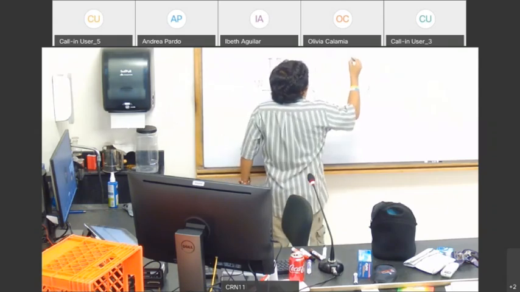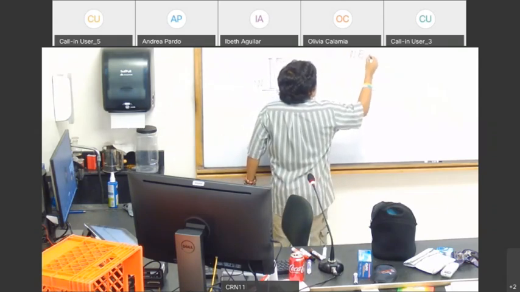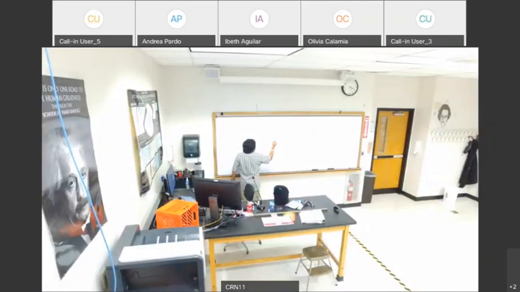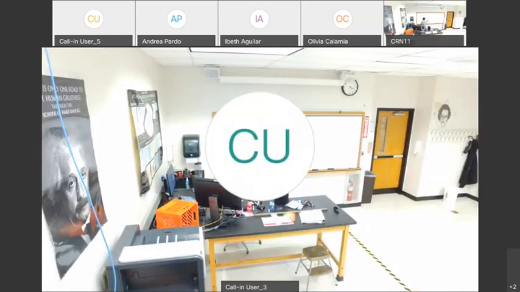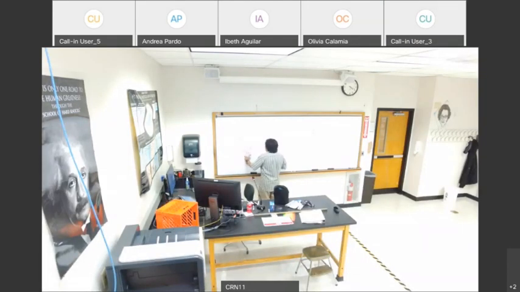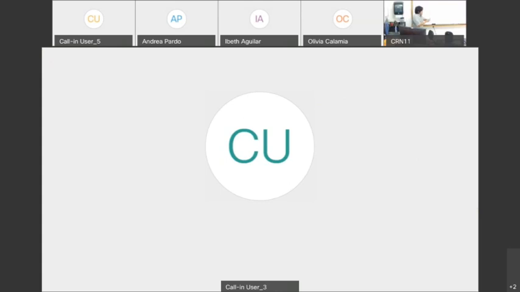So the westward component will be 50, the magnitude of the vector, times cosine of 61.